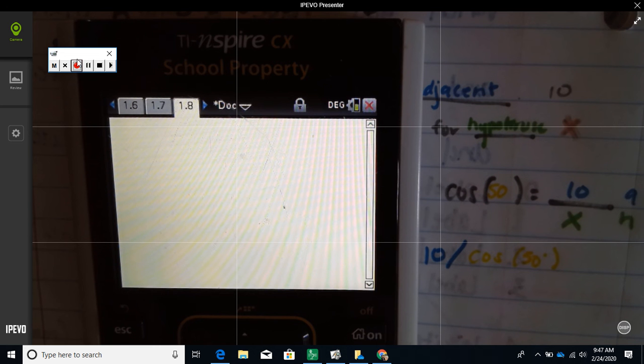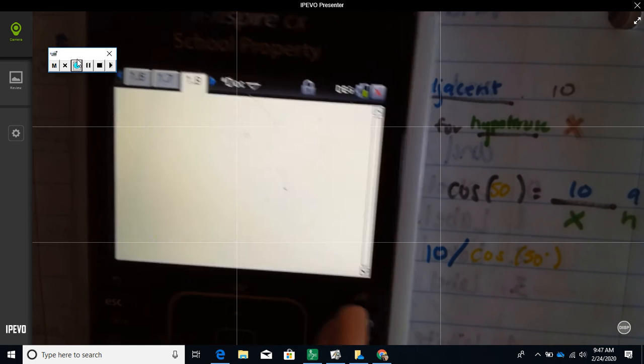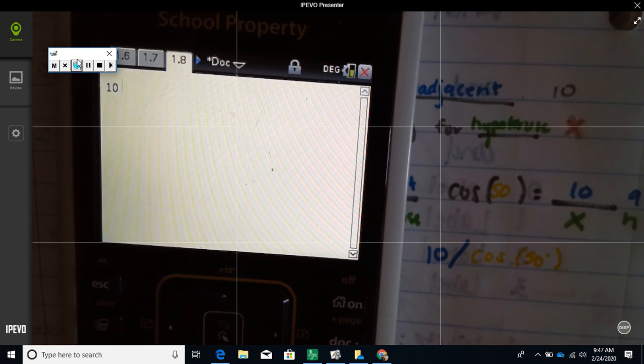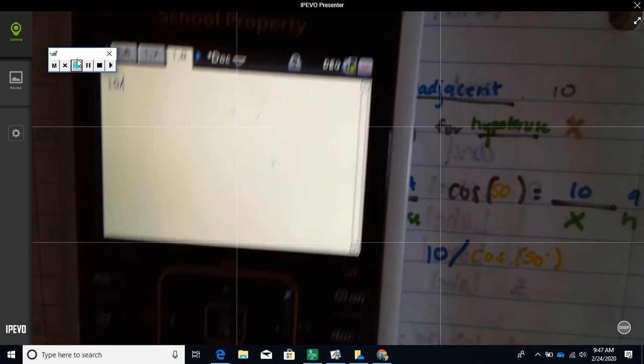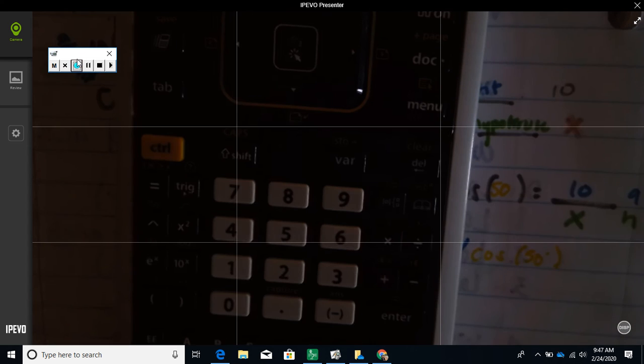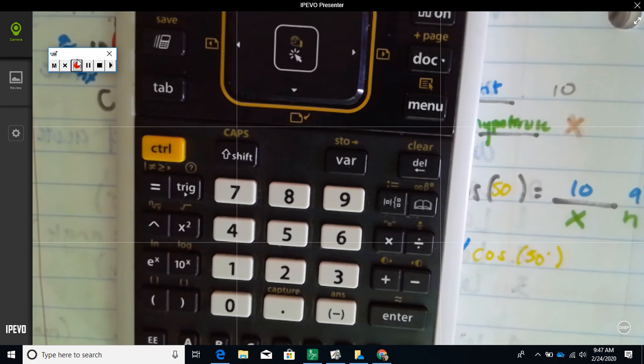Alright, so then you're going to type in 10 divided by cosine. Here's how you get the cosine, the sine, the trig, the inverse.